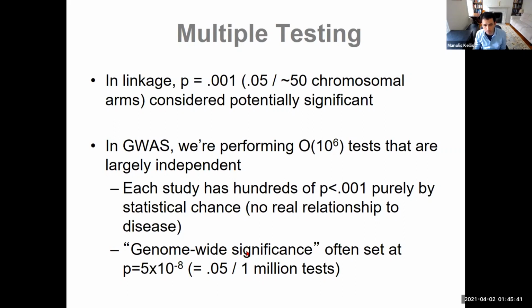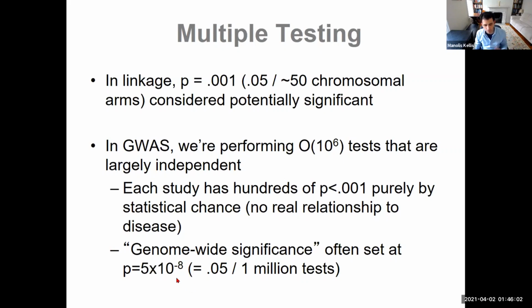This was basically based on a back of the envelope calculation 20 years ago that said, well, we better be a little more stringent, because a lot of people are reporting nominal significance and the field is starting to not trust us. There must be roughly 1 million independent SNPs in the genome.